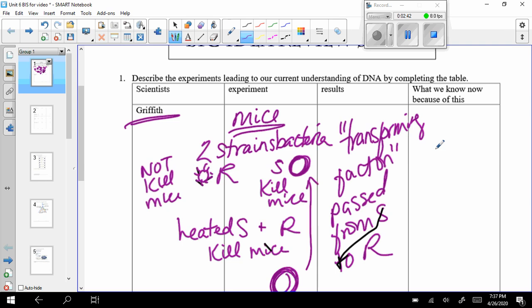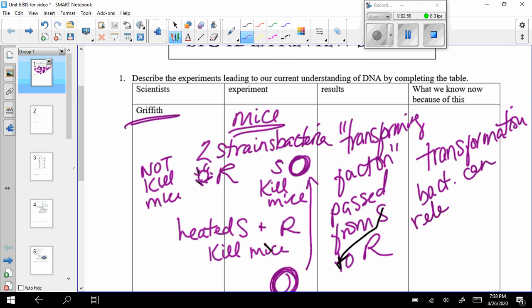What we now know because of this, we call this idea transformation, based on his original term, transforming principle. Transformation is the fact that bacteria can release plasmids. Plasmids are small circular pieces of DNA that aren't the original single chromosome of the bacteria, but extra pieces of DNA.